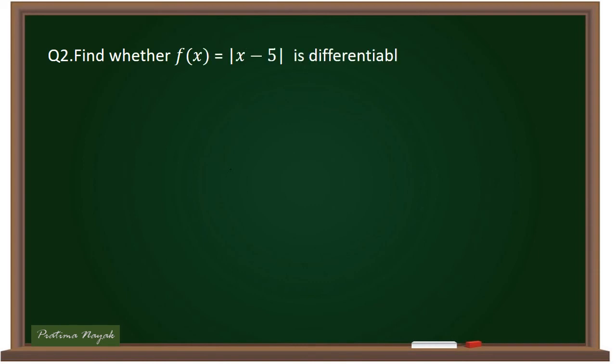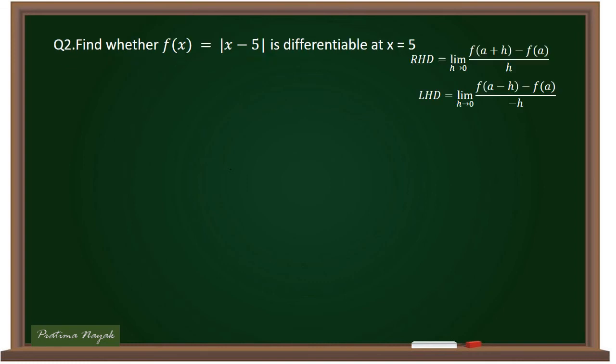Next question. Find whether f(x) = modulus of (x - 5) is differentiable at x is equal to 5 or not. So recall the fact, we have to verify these two are equal or not. Now RHD is equal to f dash 5 plus.